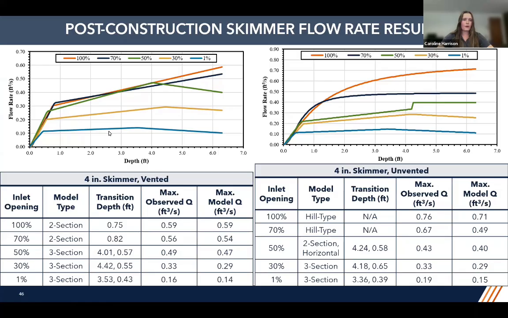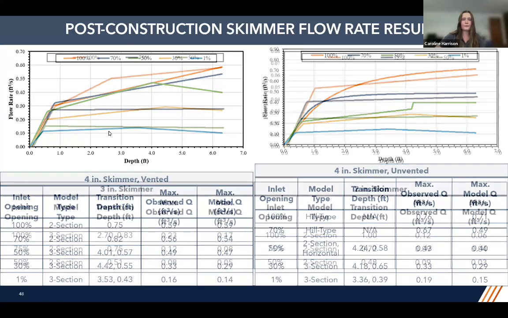On the other hand, for our unvented configuration, those flows were generally faster, but a little more erratic, a little less predictable. For these, we saw more of a siphoning effect. Our flow wasn't really regulated since it wasn't opened up to the atmosphere. So this skimmer just sucked in and chugged water, and was pulling it out a lot faster.